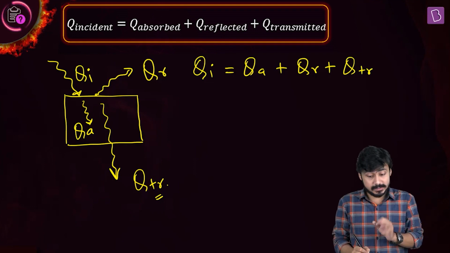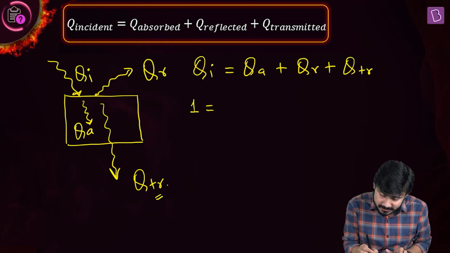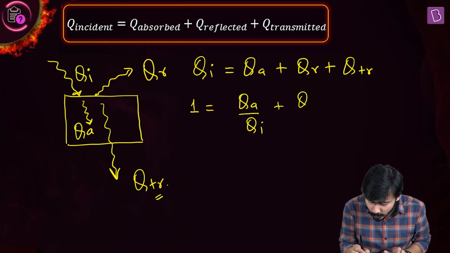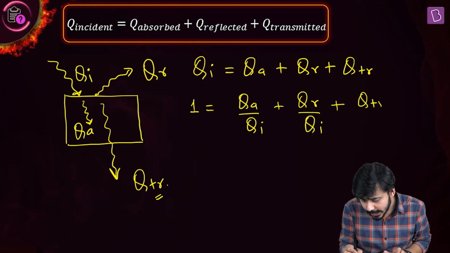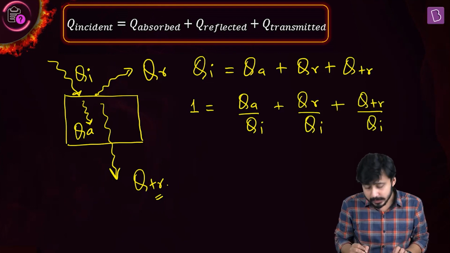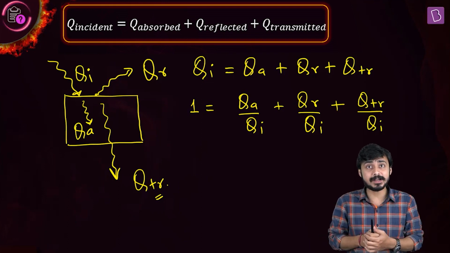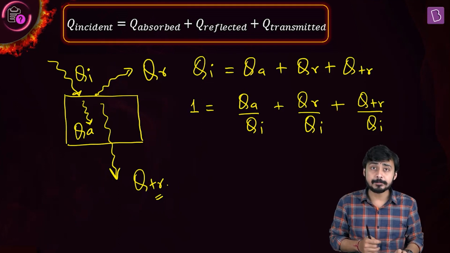And if we divide this whole equation by QI, it becomes 1 is equal to QA by QI plus QR by QI plus QTR by QI, right? What is QA by QI? That's the absorbed radiation divided by incident radiation, the absorptive power of the body.